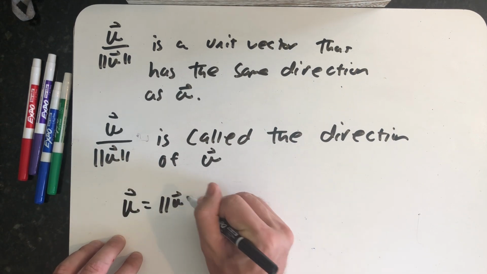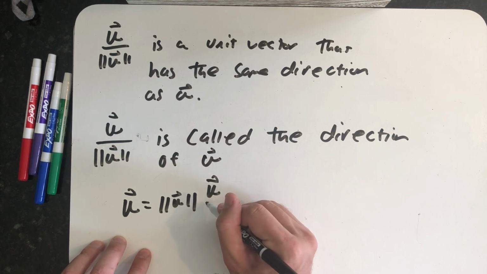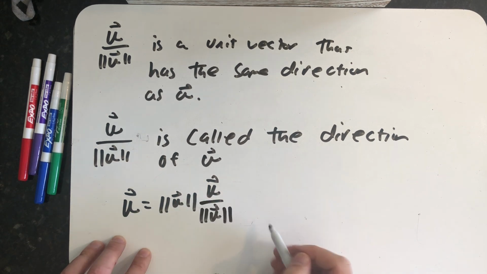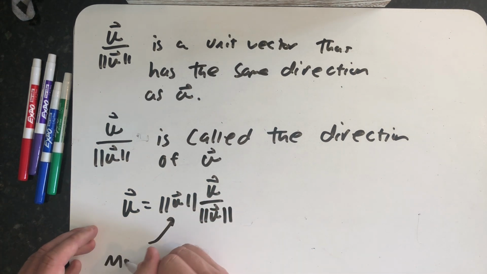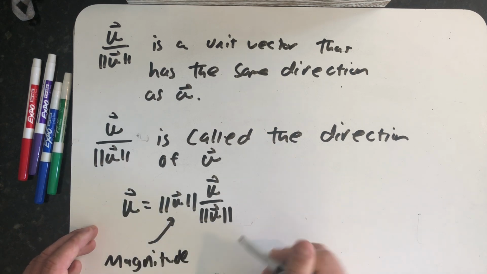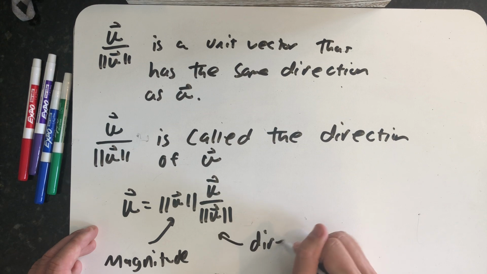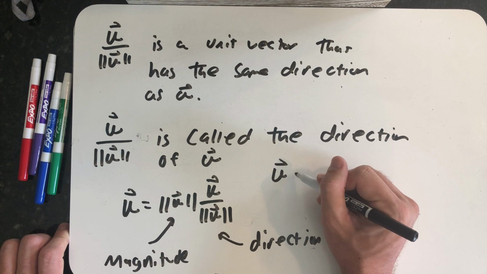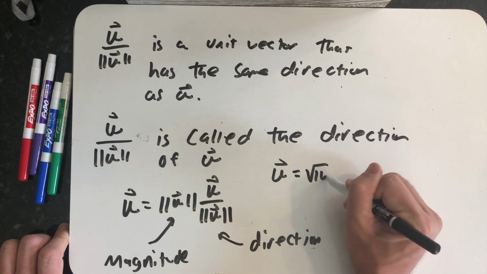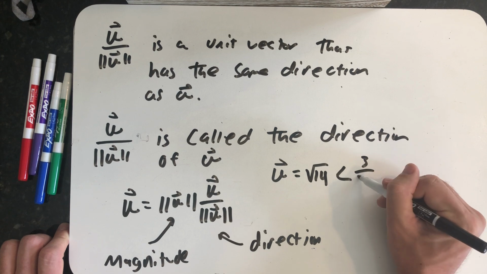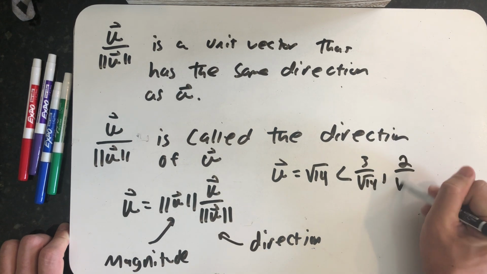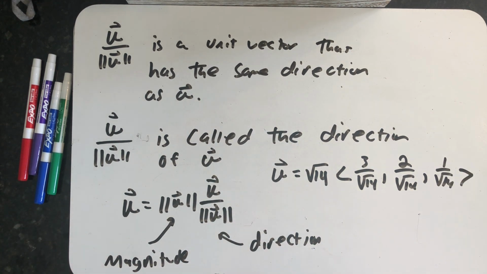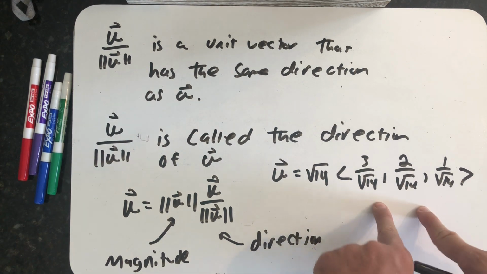We learned right away how to find the magnitude, and now we know how to express the direction. This is the vector u expressed as a product of its magnitude and its direction. So the vector u I started with a minute ago was (3, 2, 1), but I could also write it as root 14 times (3 over root 14, 2 over root 14, 1 over root 14). There, my reader would see right away how long that vector is and in what direction it's pointing.